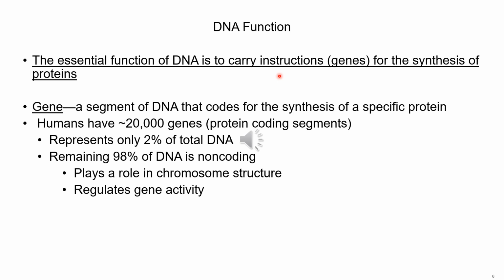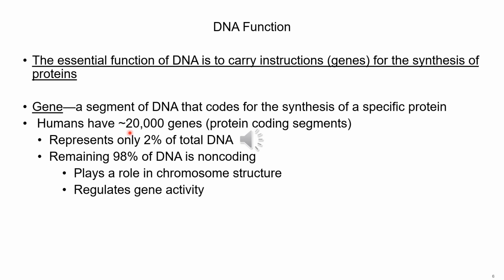So what is a gene? A gene is a region in a DNA that has a code for synthesis of a specific protein. Not all regions in the DNA have a code for protein synthesis. It is only the gene which has that particular code. So a gene is the protein coding segment of the DNA.